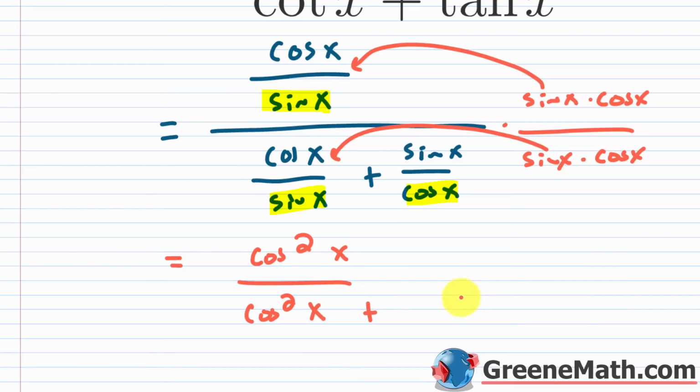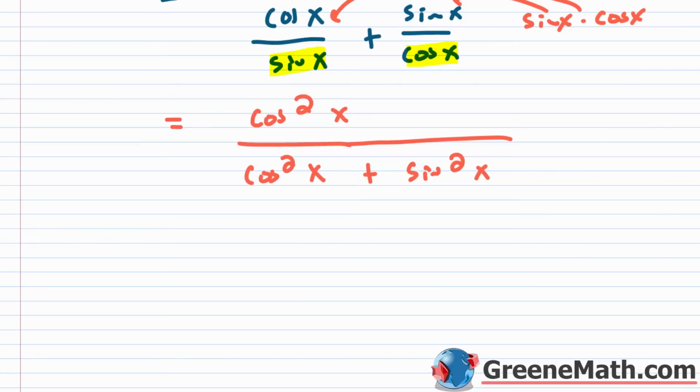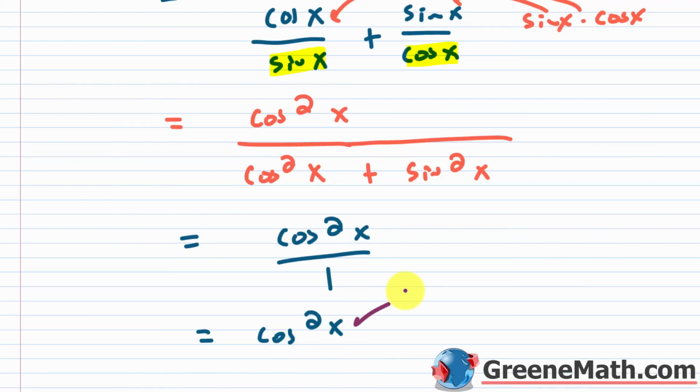And then plus, this guy gets distributed here, the cosine of x's cancel, and now you have sine squared x. Now, this is interesting because we know that cosine squared x plus sine squared x is 1. So you can say this is cosine squared x over 1, which is just cosine squared x, which is what we were looking for. So I'm just going to put a check mark there to show that I'm done.